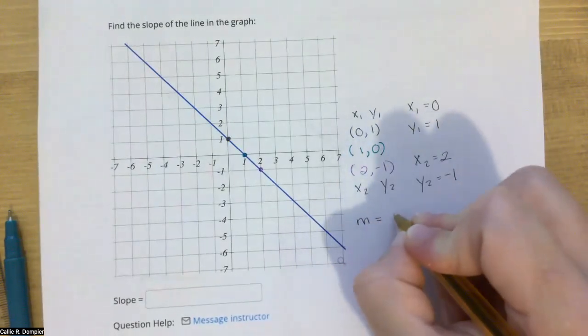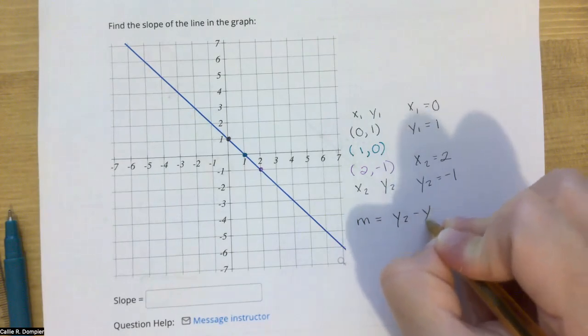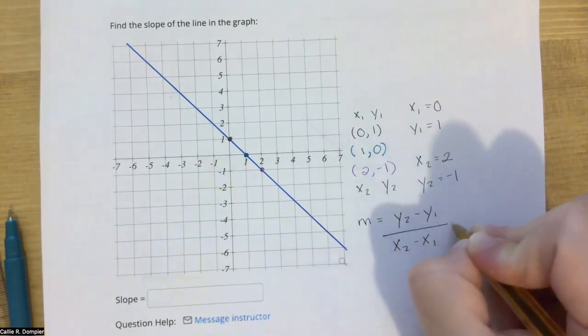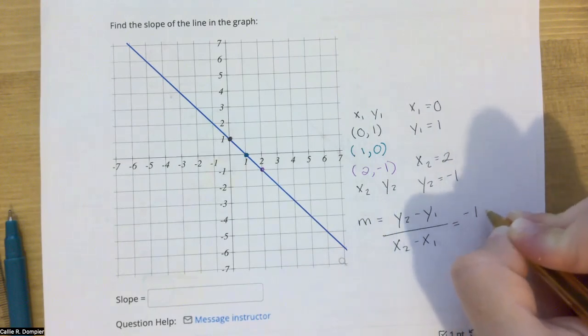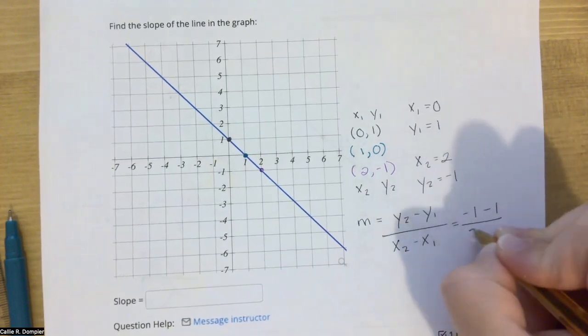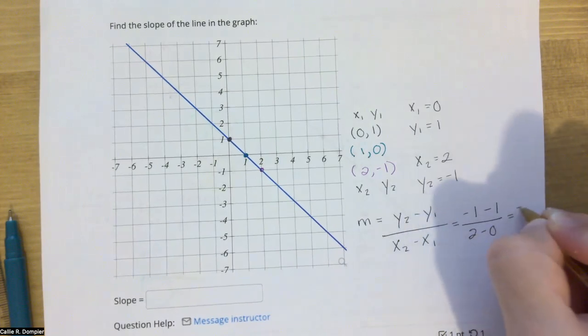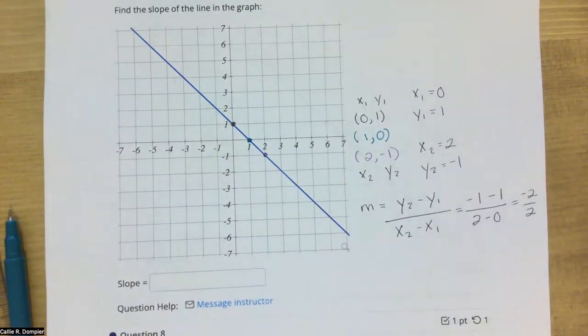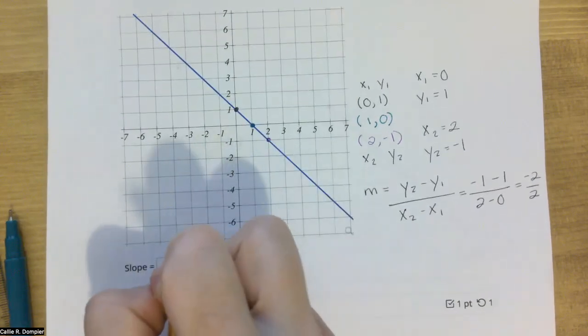M is y2 minus y1 divided by x2 minus x1. -1 minus 1 divided by 2 minus 0. -2 divided by 2. 2 divided by 2 is going to be 1, but a negative divided by a positive is a negative. So our answer is the slope is -1.